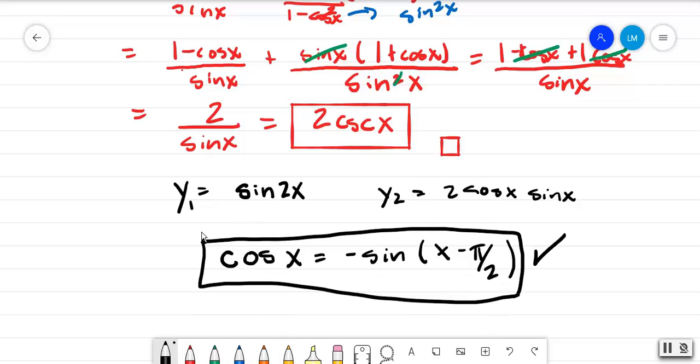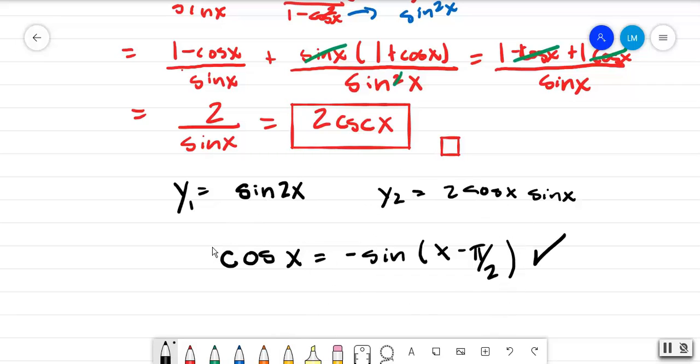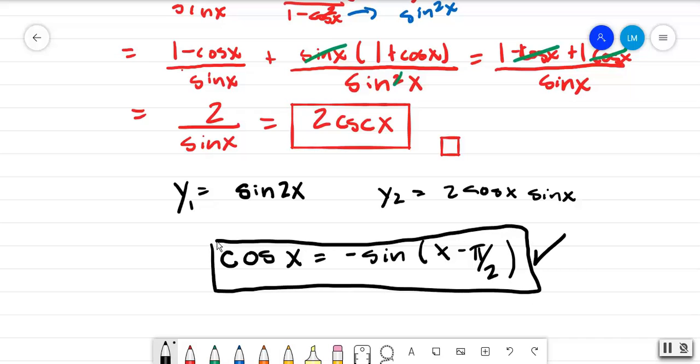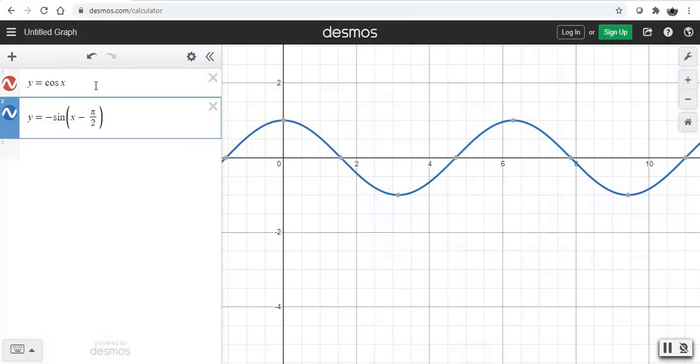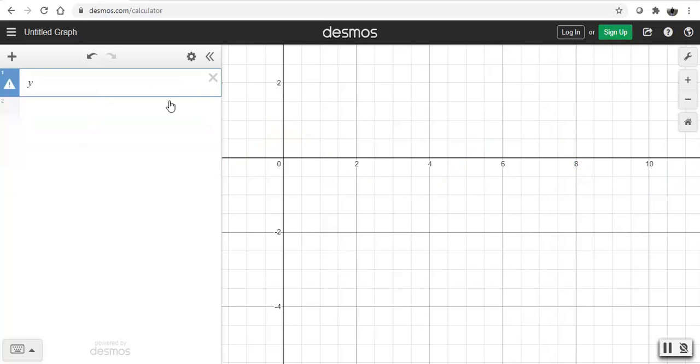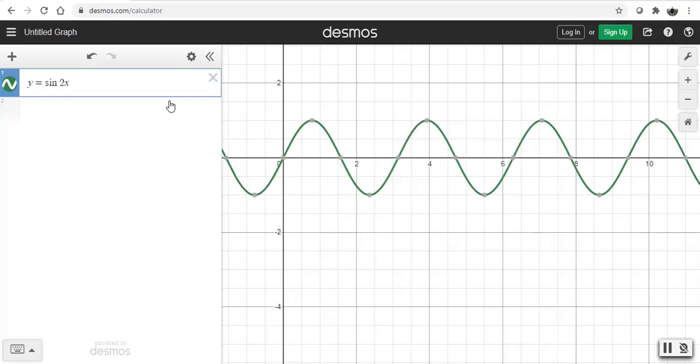Well, similarly, we can actually say the same thing about the following equation. Y, so let's get rid of this. Y equals sine of 2x. Okay, so I have that this has a period of pi.